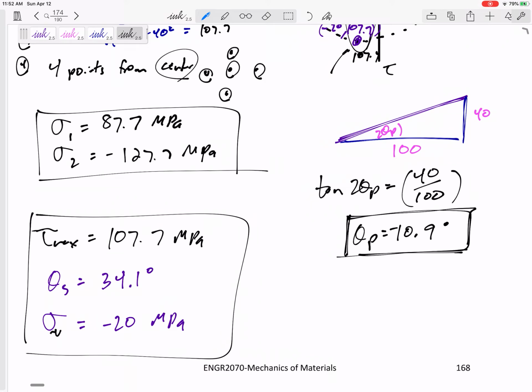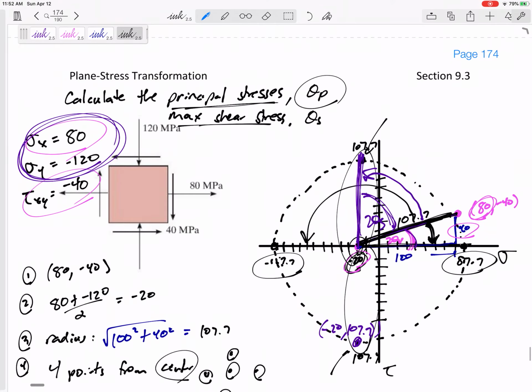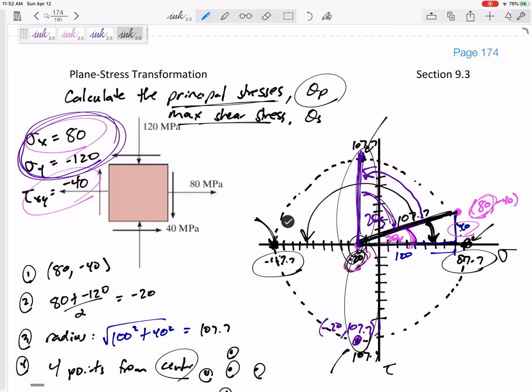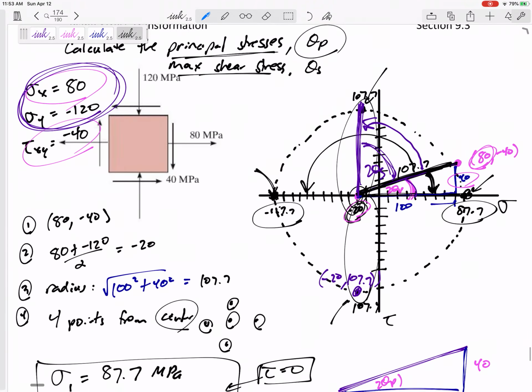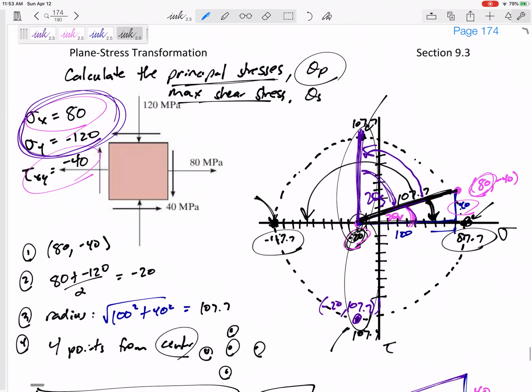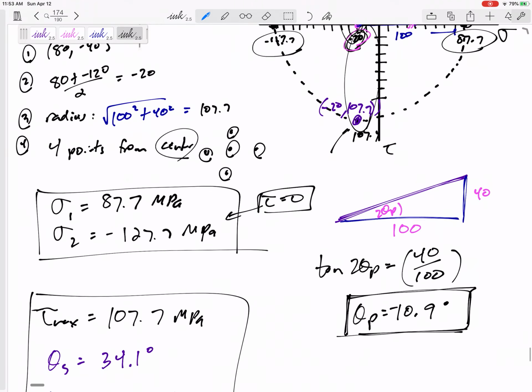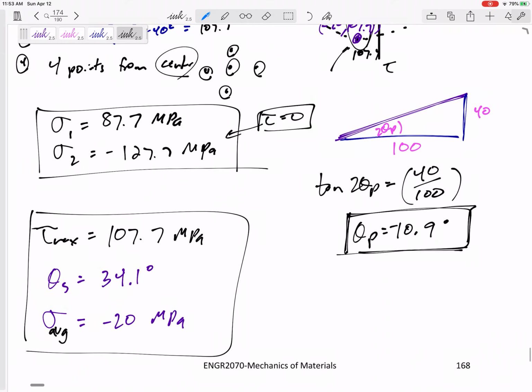The normal stress when we have the maximum shear stress is sigma average. Also, what is the shear stress right here? 0. And you can see that from the figure. What is the x-axis value right here? 0.